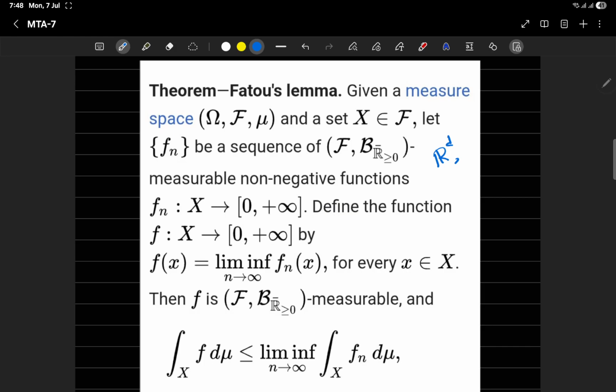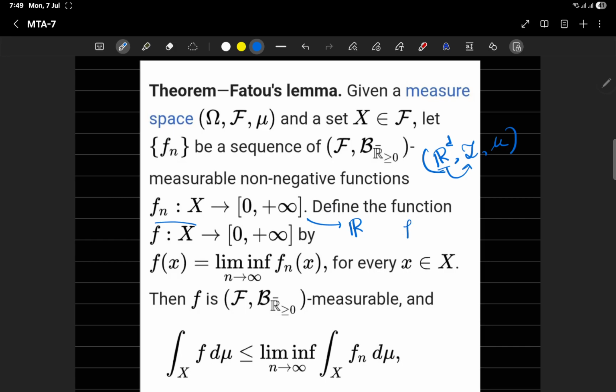Our sigma algebra is the Lebesgue measurable sets, and the Lebesgue measure, that's the mu. We know this belongs there, so our function is Fn from this to R, right?